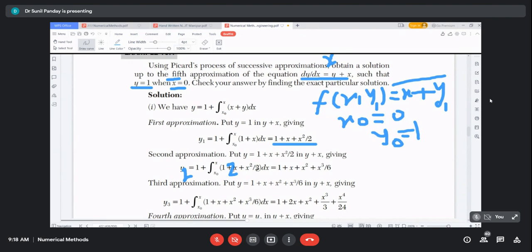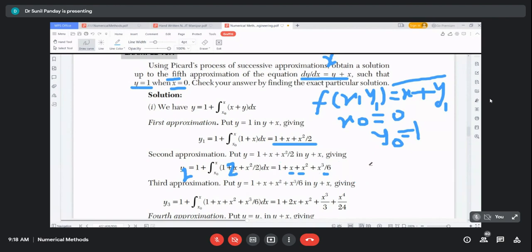You have x square, and then we have x cube upon 6. So these terms are there. But when you substitute the lower limit and upper limit, the upper limit is x.